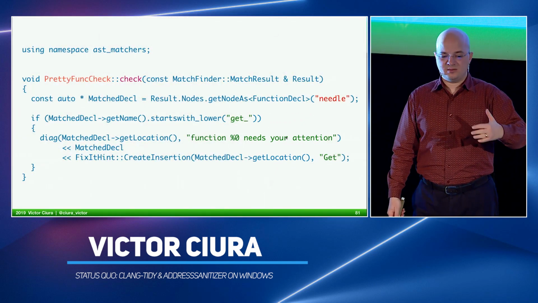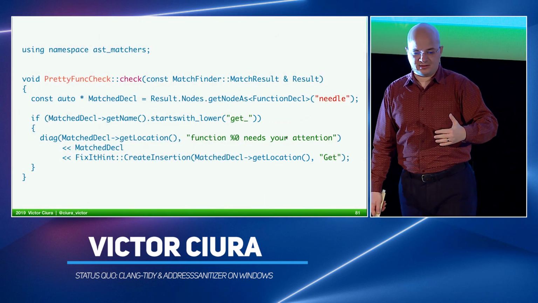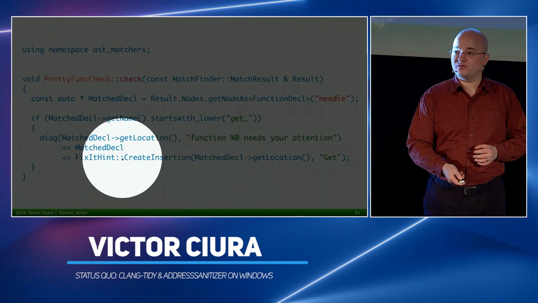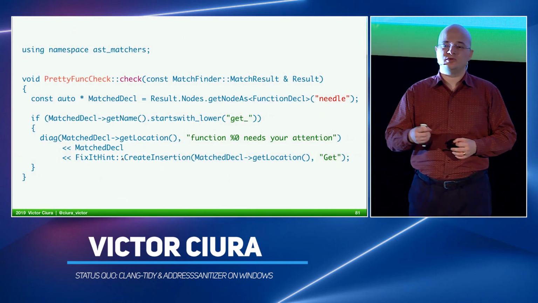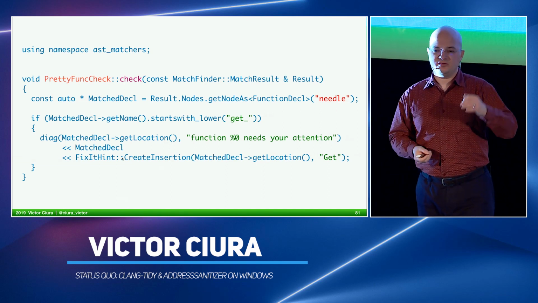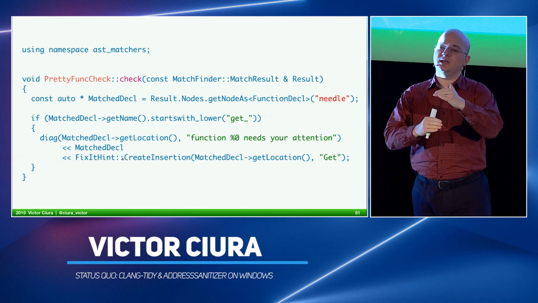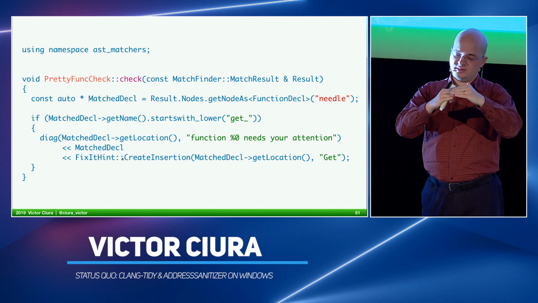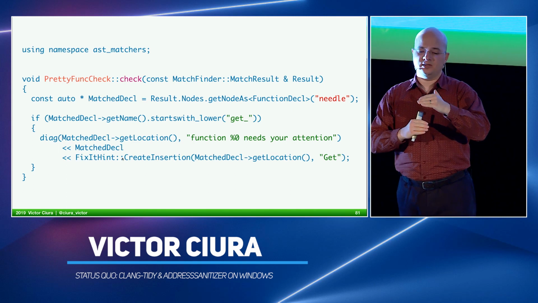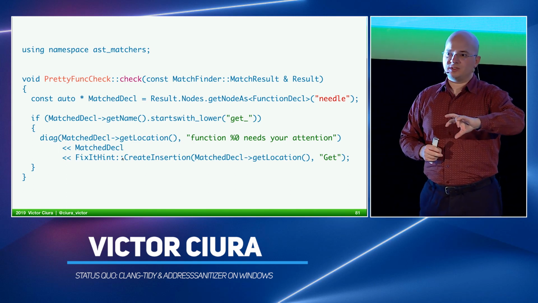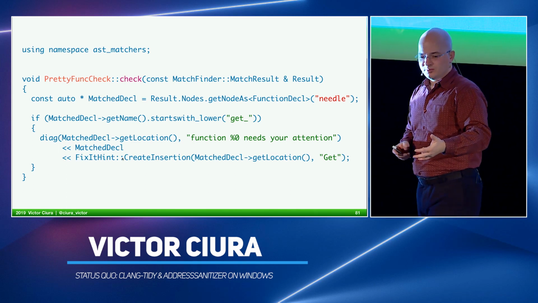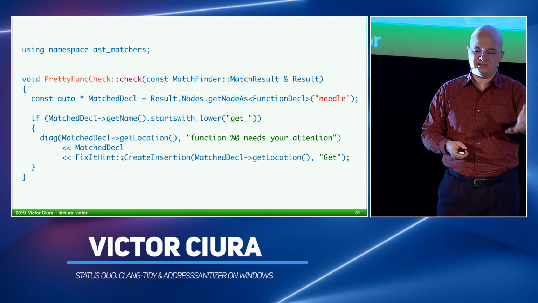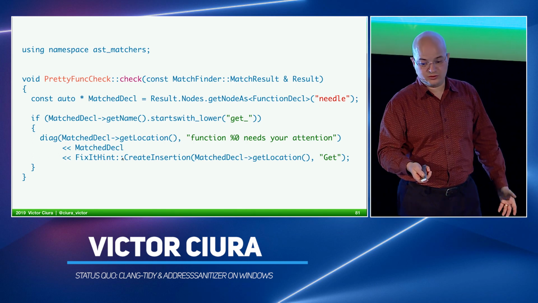And optionally, we can provide a fixit. You can provide a fixit hint, and if somebody invokes Clang-tidy without autofix, the fixit hint will be displayed in the output. You'll just see that suggested transformation in generated Clang-tidy code. If the user flips on the autofix option, then the fix you provide here will be automatically applied and the source code modified.